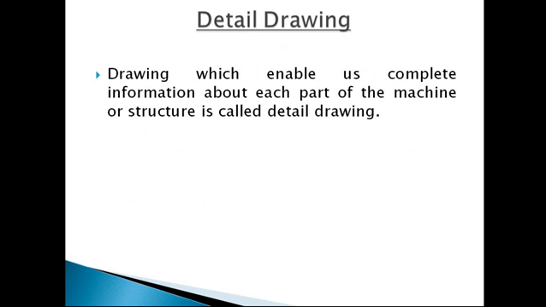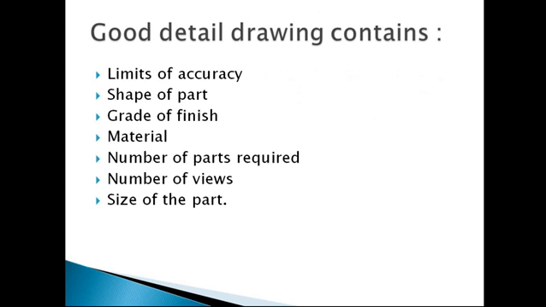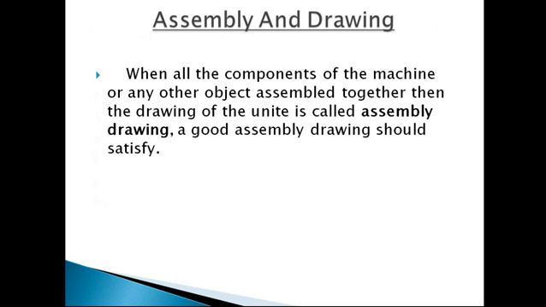Then we also discussed the detail drawing. What is meant by detail drawing, why it is important, and what kind of things we require to add into a good detail drawing, we have seen. We also saw about the assembly drawing, and how we prepare the assembly drawing from the detail drawing.